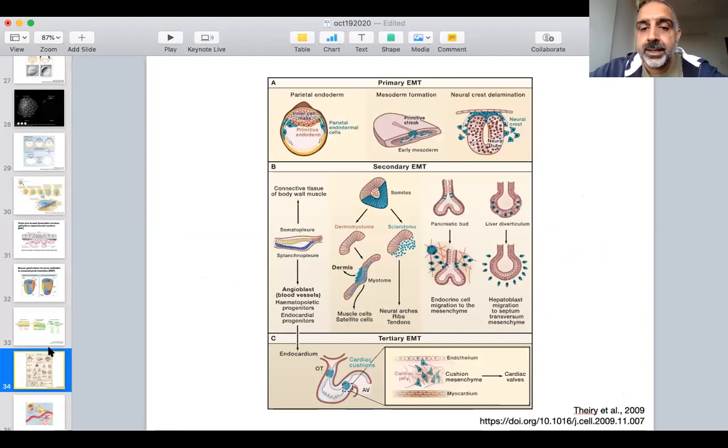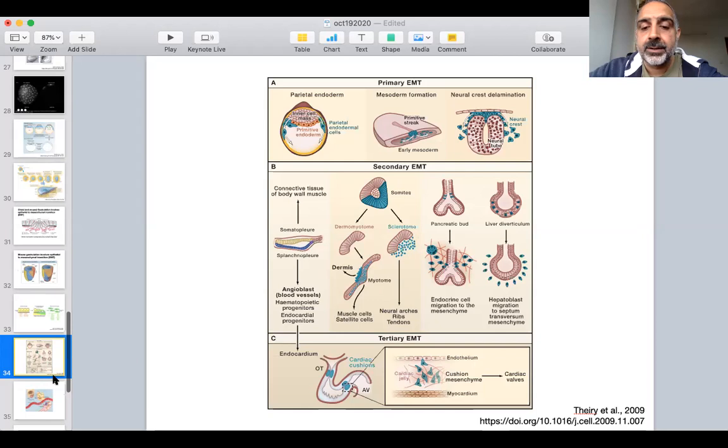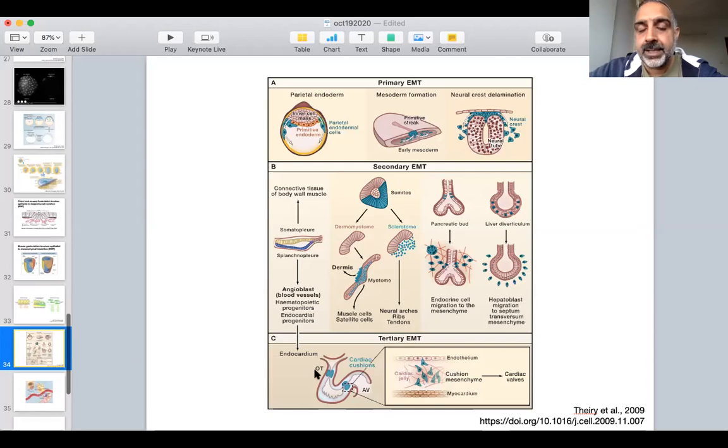This paper from Jean-Paul Thiery is classing all of the different types of developmental EMTs, but he goes on to talk about EMT as being of clinical importance, because understanding EMT in development will help you think about EMT in cancer.